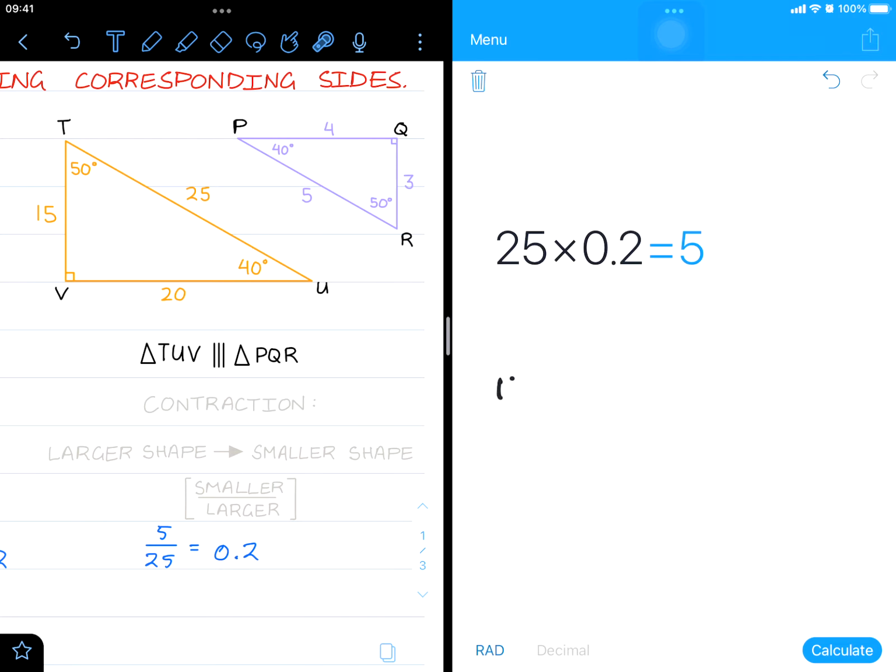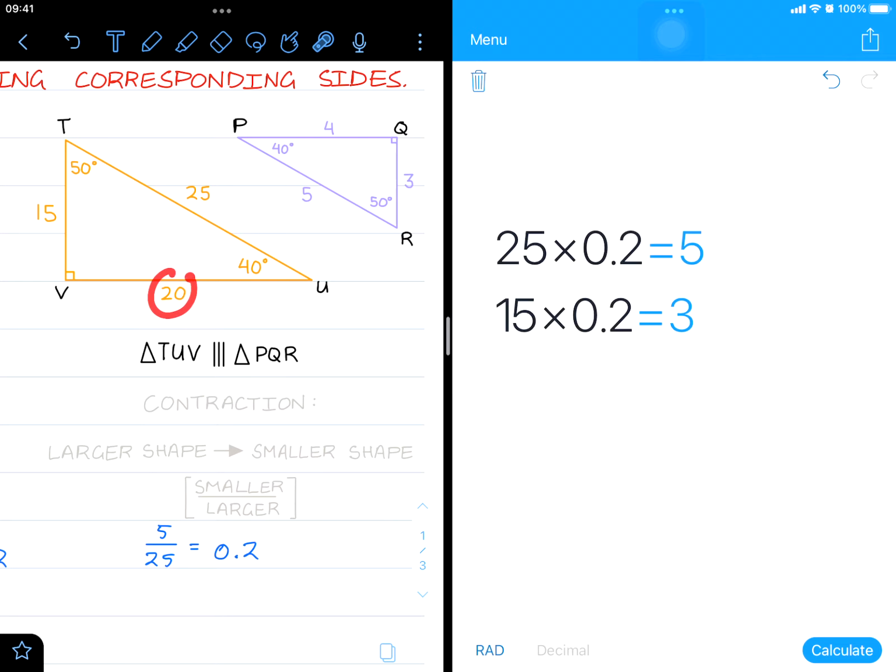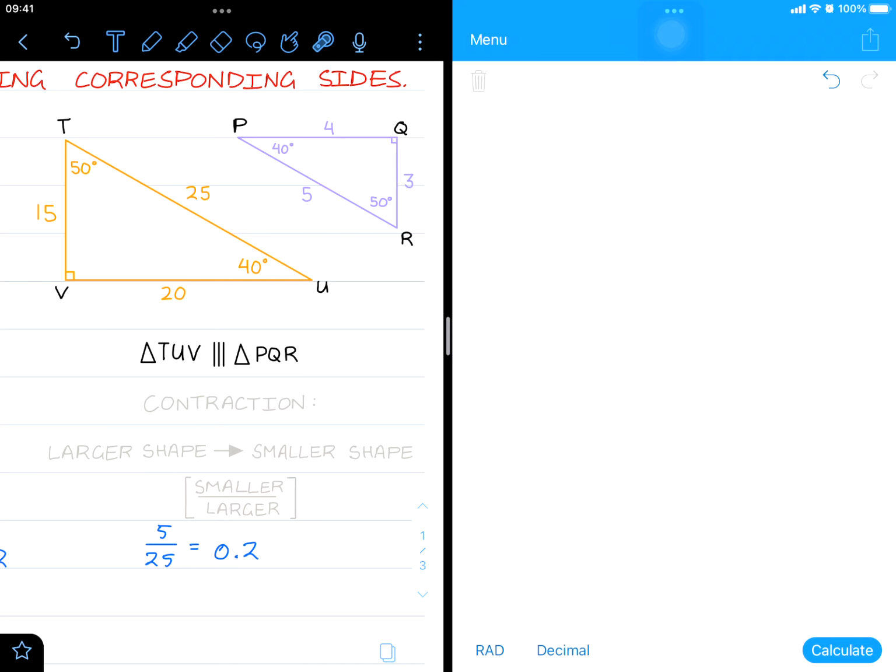So take a look. 15 times our scale factor, we get that 3. And lastly, 20 is opposite 5. So 5 is opposite 4. If you do 20 times 0.2, we get that length of 4.